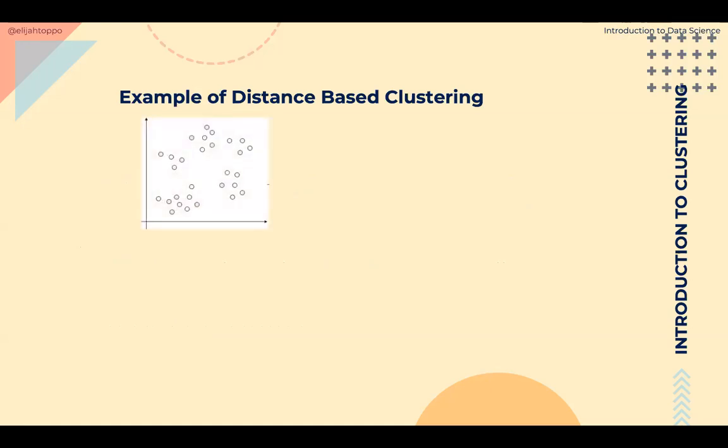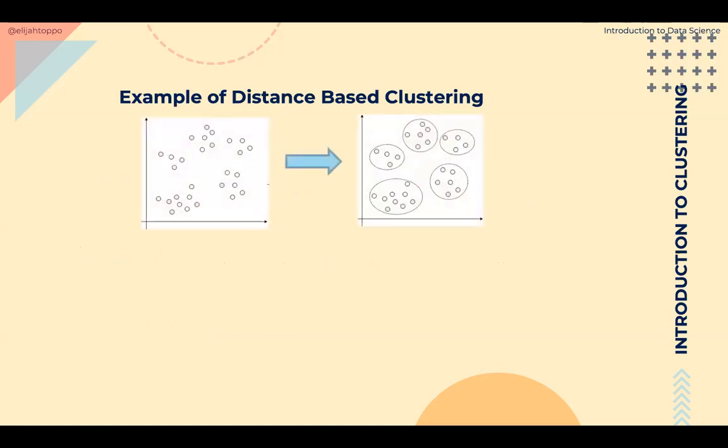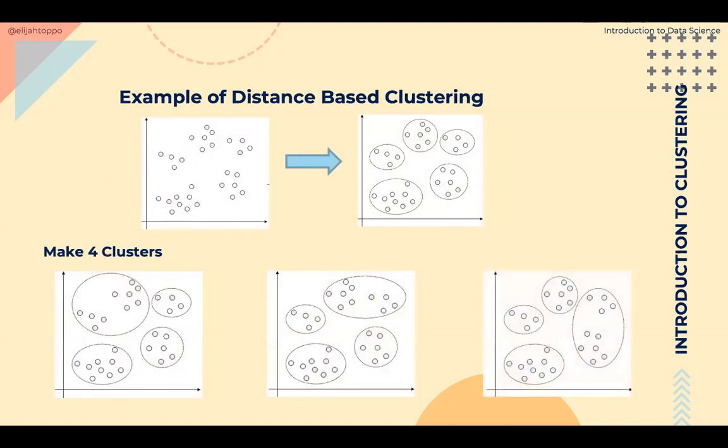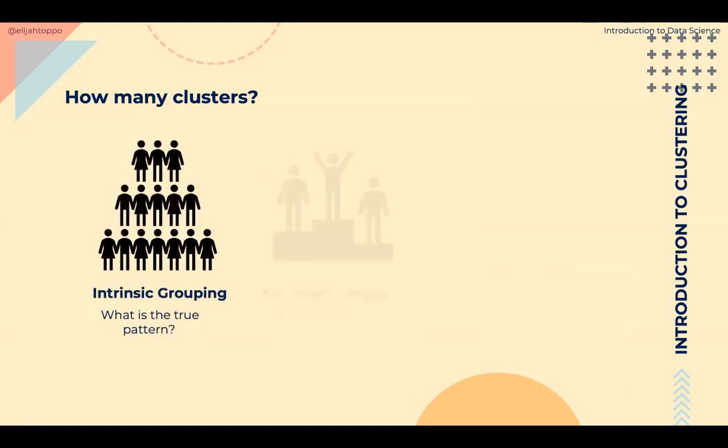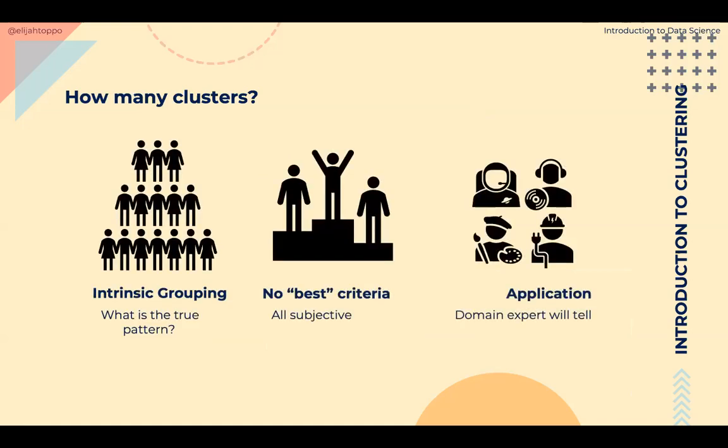We saw different examples of clustering, and we also said that okay, if we have to make 4 clusters out of this, there are so many different options. Which one is right? And then we saw that the right part of clustering is not a very clear idea. It actually depends on a lot of scenarios.